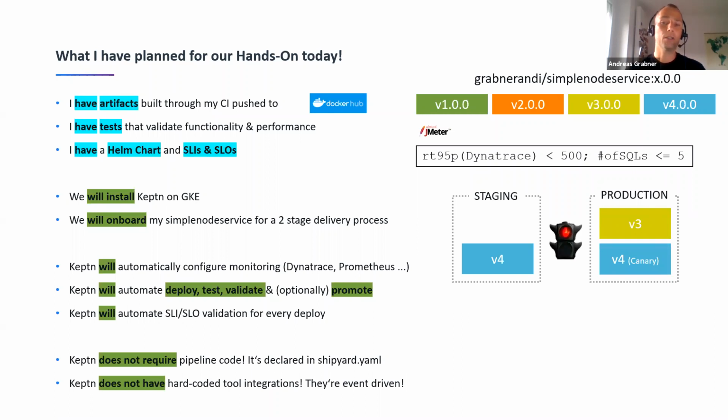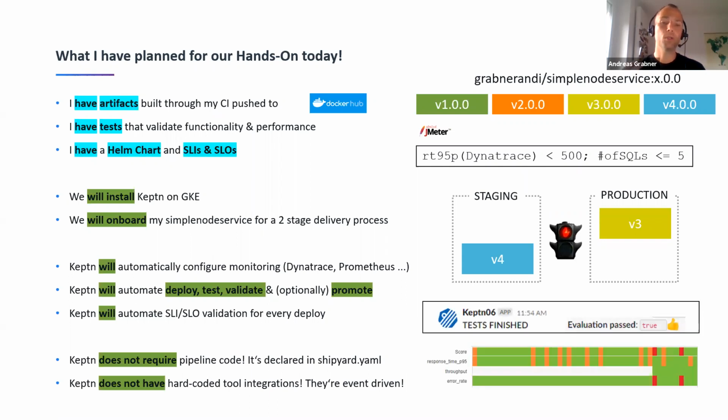If it turns out that production is bad, if the canary is bad, it will roll it back. Also, what we get in the end is a nice overview and feedback from Keptn on what Keptn is doing currently, how my individual builds that I've passed through are doing, so I can go back in history and see everything. All right, so this is what I've planned today.